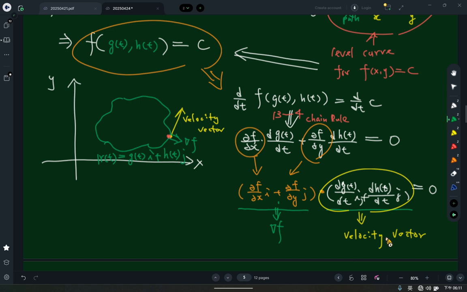If here we can get its gradient vector, its velocity vector will follow this way. If this is the point we just focus on, we can get its gradient vector, then its velocity vector will be here or here. Because based on this fact, the gradient vector is always orthogonal to its velocity vector.